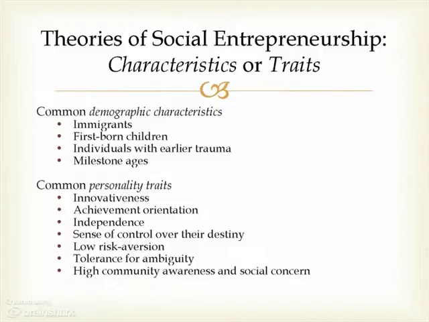They also may have undertaken their entrepreneurial endeavors around certain milestone ages, like 30, 40, or 50. And then other research has focused on psychological characteristics of entrepreneurs, finding that they exhibit innovativeness and achievement orientation, independence, a sense of control over destiny. They have low risk aversion, a tolerance for ambiguity, and also a high community awareness and social concern.